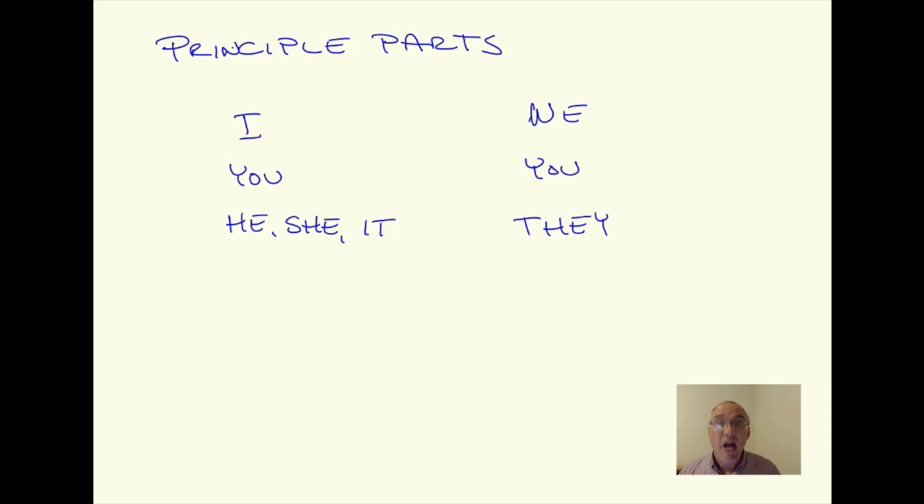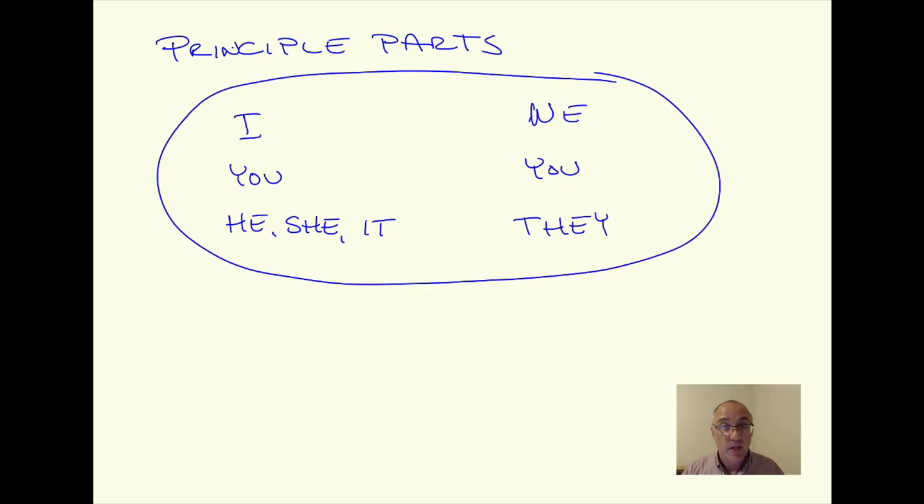These are our subjects. How we form a sentence in English is get a subject and a verb. I eat, you eat, he eats, we eat, you eat, they eat. That's how it works, and you all know this. You need to get one of these words, and you couple it with a verb, and that's how you make your sentence. That's how you make your thought, as it were.